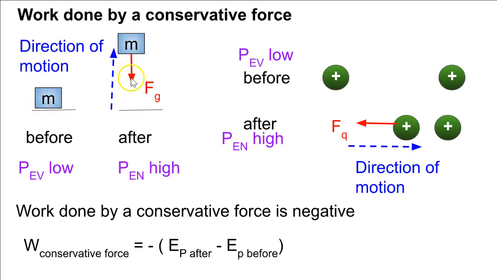And this one can be anything, but let's just say it's 200. So if we have the potential energy after minus the potential energy before, we're going to have 200 minus 0, and you can see that is a positive number. So the difference between potential energy before and after is 200, for instance. Don't worry where I got the 200.